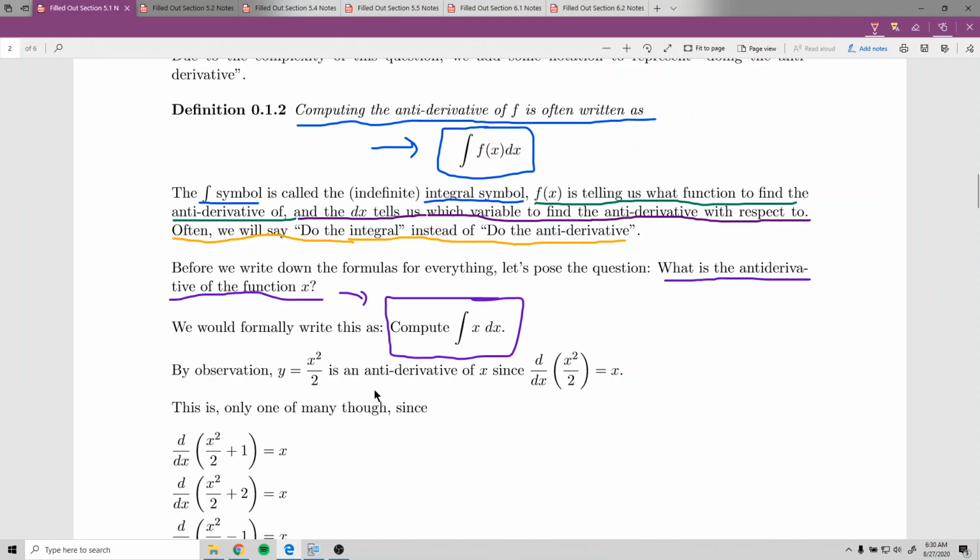So the derivative of x squared over 2 is x, and that means x squared over 2 is an antiderivative of x because its derivative matches the inside. Once again, we're trying to take the derivative that we're given, f prime of x, and get back to the original function, f of x.